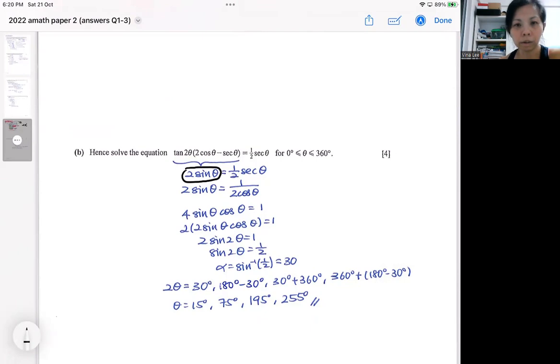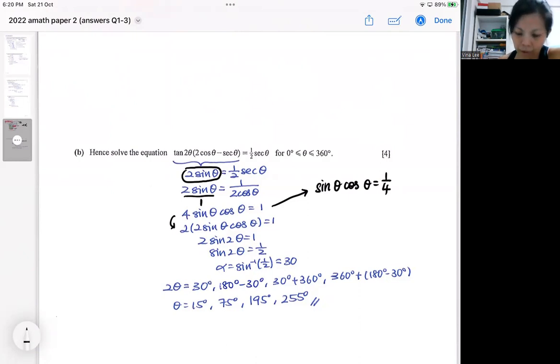Okay, so the whole thing will just be this formula, and you do your solving from here. So while you do your solving from here, you will encounter cross multiplication, and you will encounter another set of double angle. So you will need to change your double angle. So at this stage, there will be some students who will do this, and then maybe they get themselves stuck like, oh, so how do I continue from this?